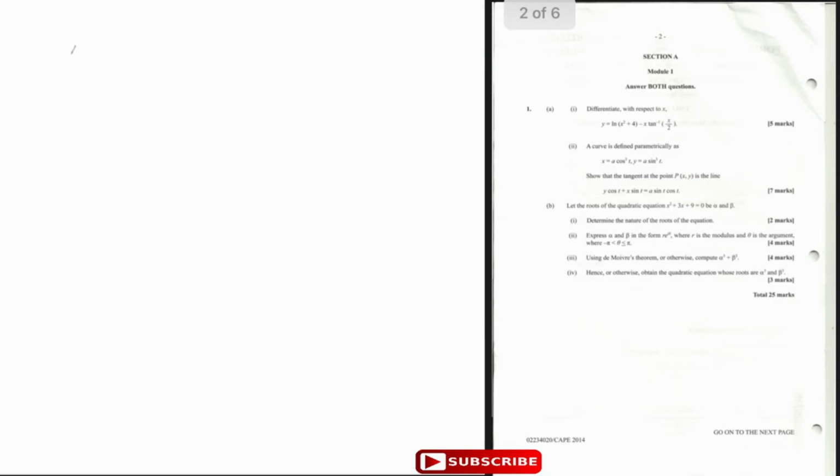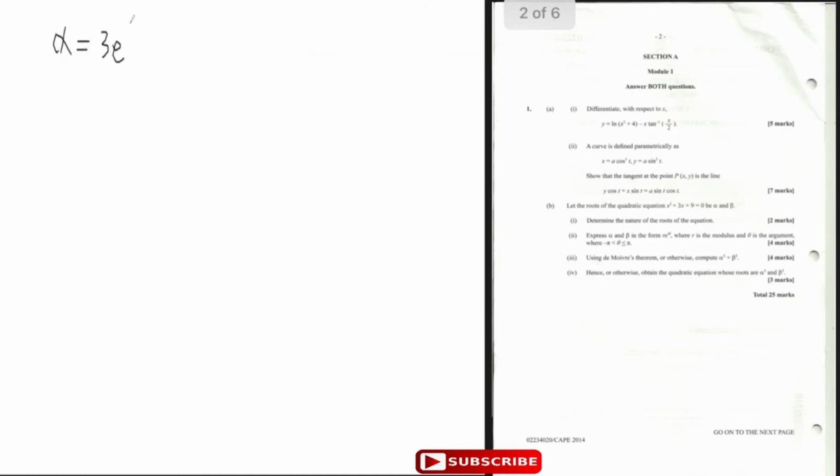So now I can finally put them in the R cis theta form. I can say that alpha is equal to R, which is 3, e to the i times theta. Theta for this one is 2 pi by 3, so it's 3 e to the 2 pi by 3 i.